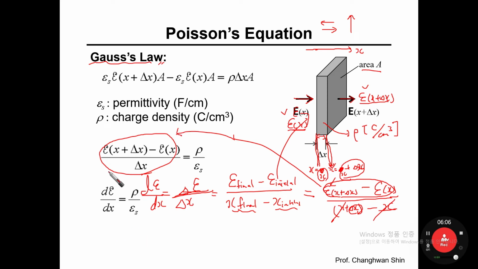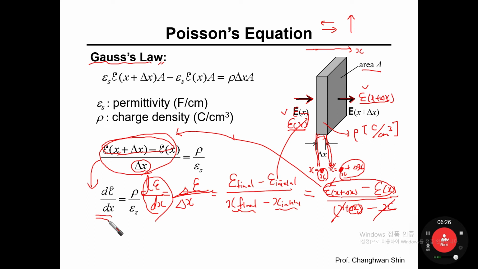So this electric field intensity variation, for a given variation along the x direction, can be rewritten as dE dx as shown here. All right.